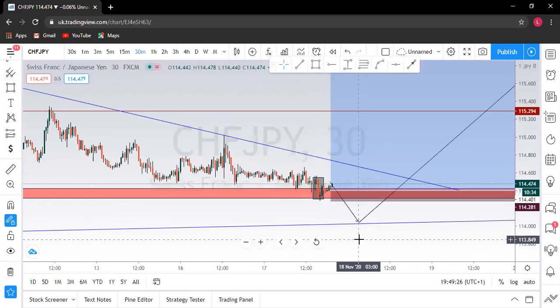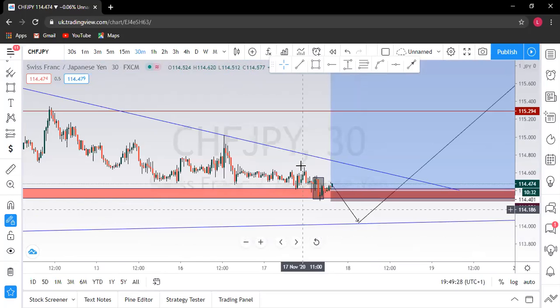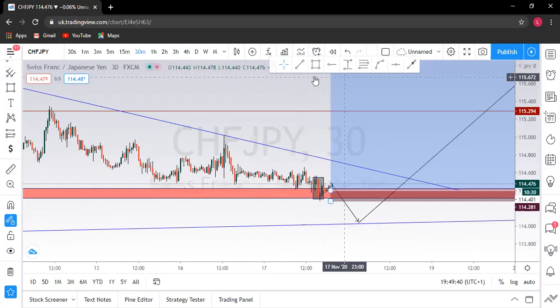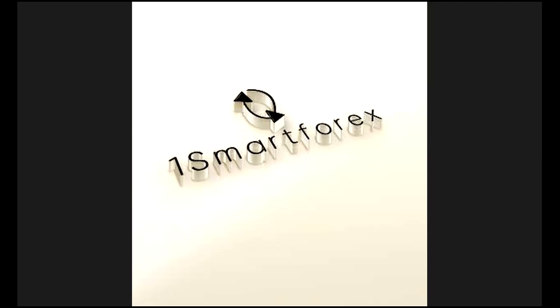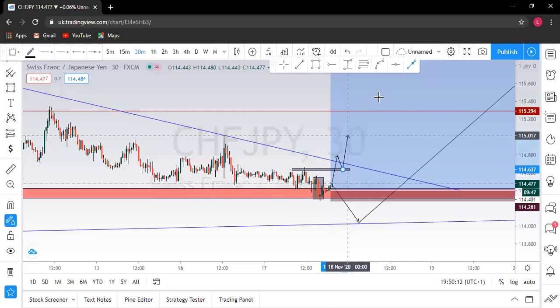Here is what I mean by break of structure. Can you see that this is the nearest swing line, because we have a high, a low, and a lower high here. If the market could break this lower high like this, then we can take our buy upon the retest, and then buy it to the nearest resistance wherever we want.